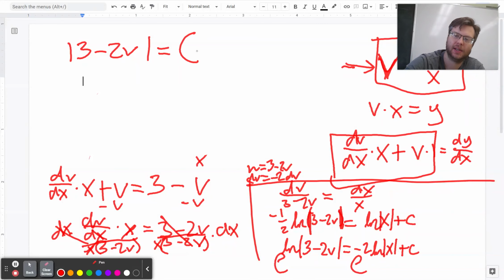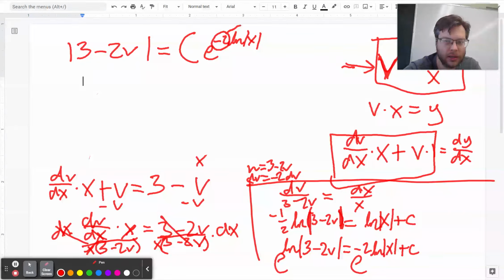I could raise it to the e, and then I have e to the negative 2 natural log of absolute value of x. A couple things I'm going to do here. Negative 2 in front of a natural log can be a power on the input. Absolute value is either equal to positive or negative. So the c value, again, can absorb both sides of the absolute value.